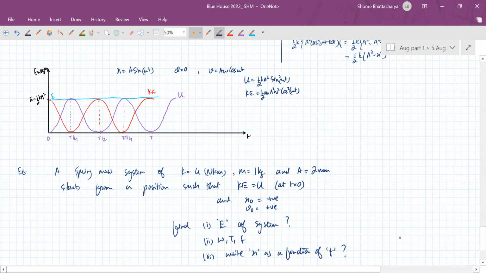So the Newton per meter, Newton per centimeter.